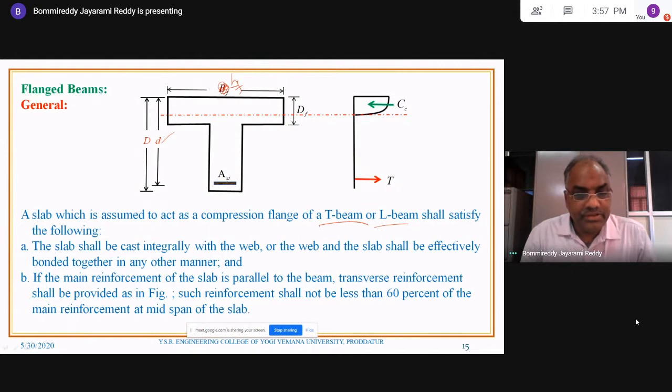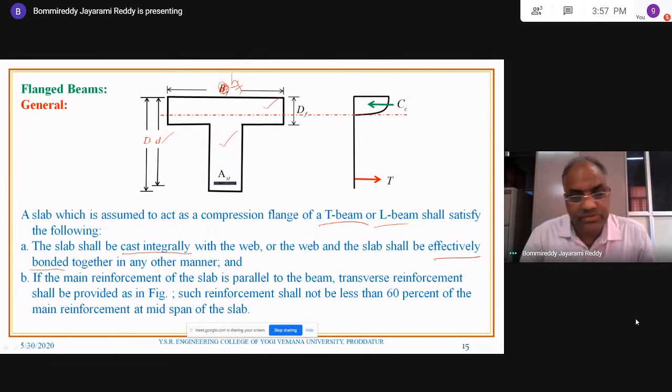Number one, the slab shall be cast integrally, that is, monolithic construction must be there. When monolithic construction is there, or otherwise perfect bond between the beam below the slab and the slab, only then will it be called a T-beam. So both slab and beam must be cast simultaneously, then that will be called a T-beam.